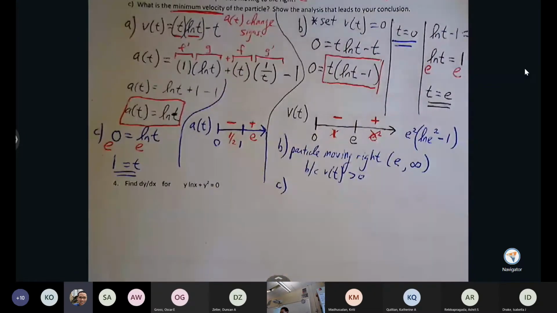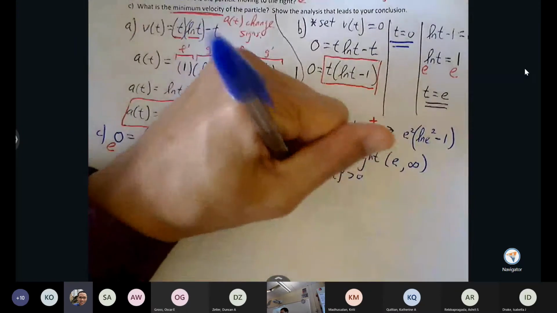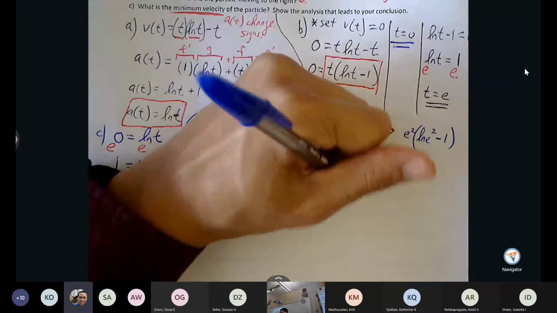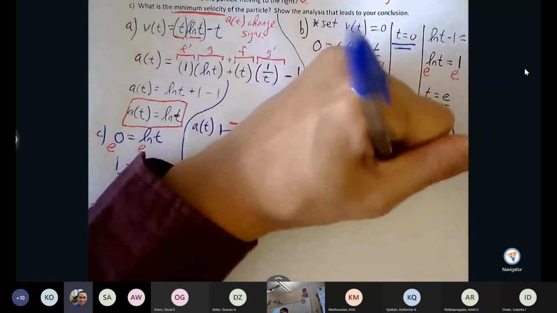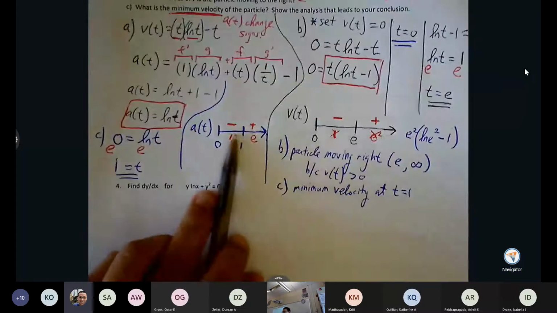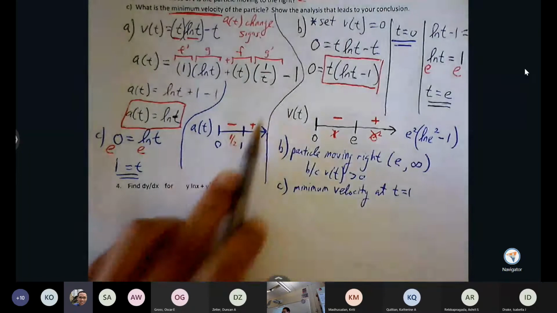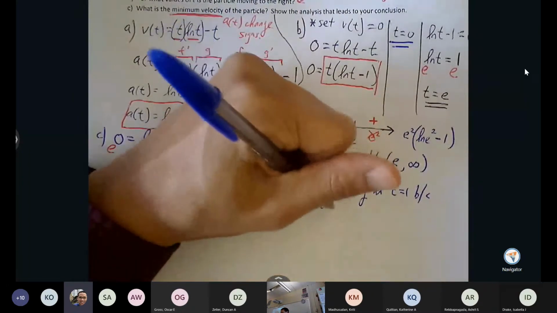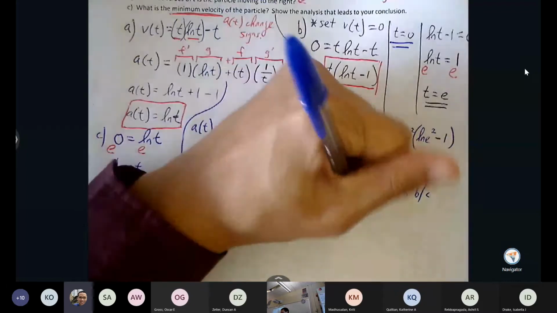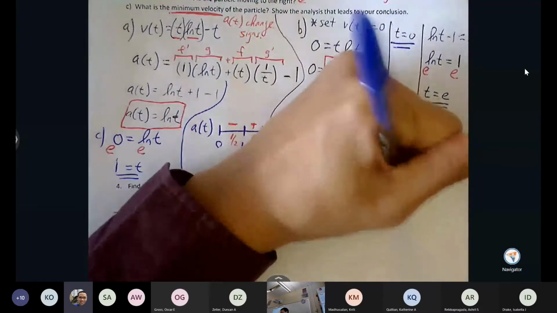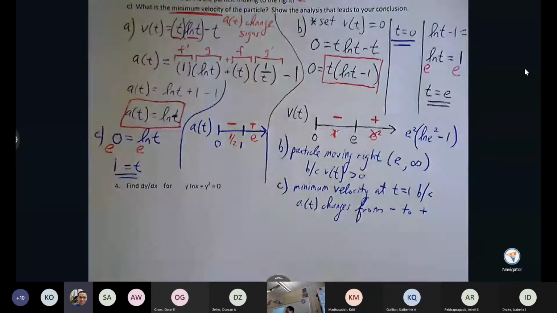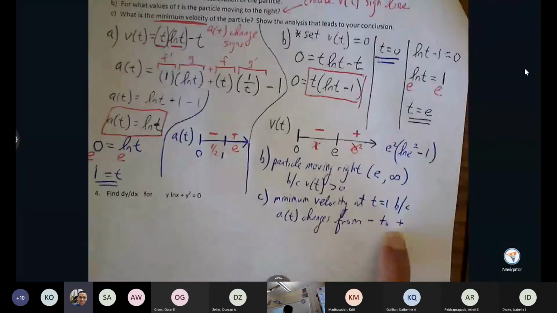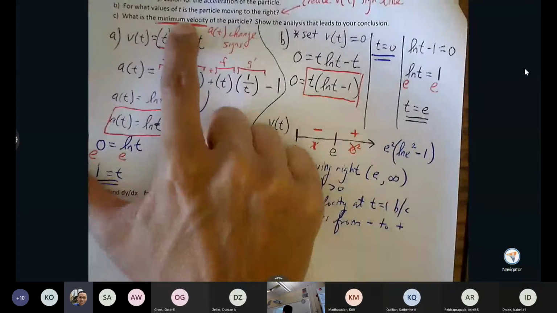So it says minimum velocity occurs at t equals 1 because our acceleration changes from negative to positive. So we know where the minimum velocity occurs, but it's asking for the actual velocity.